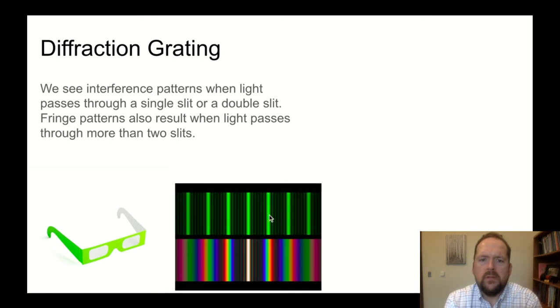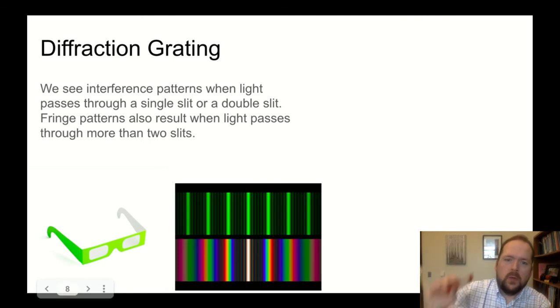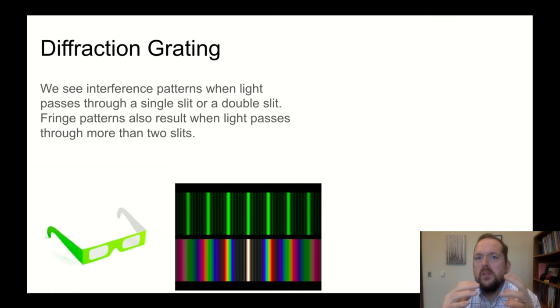If you pass light of a single color through a diffraction grating, you get the same interference pattern actually that you get through a double slit experiment. And in fact, the math is exactly the same as that for a double slit experiment when you're dealing with a diffraction grating. But if you pass white light through it, right, like I'm looking through colored light here, you end up seeing these rainbows because the amount that light is diffracted depends on the wavelength of the light.